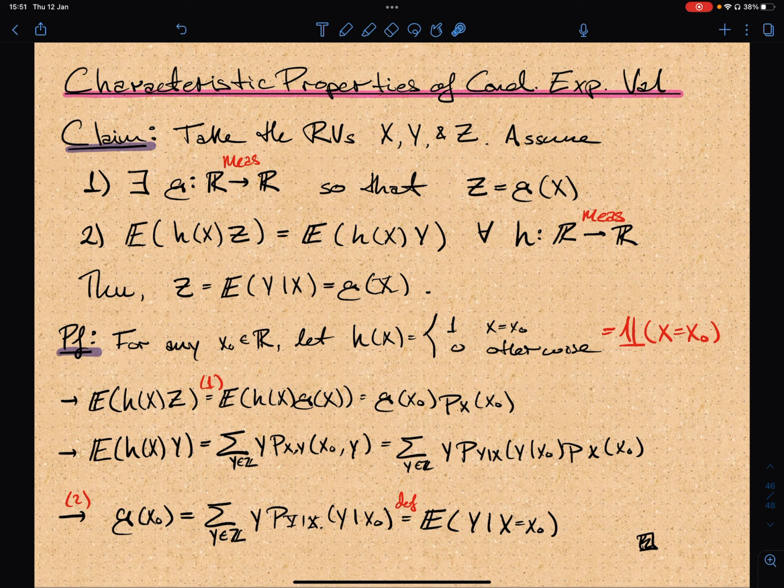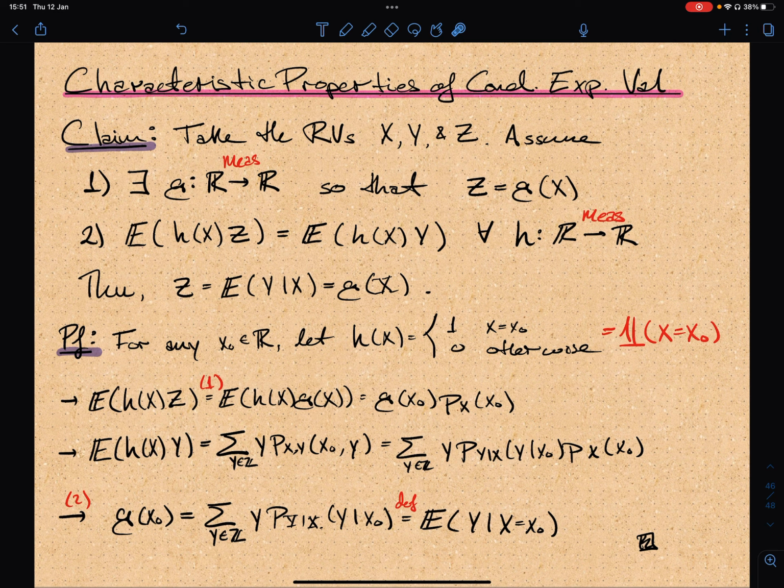So first of all, I start from here. I have this expected value, and then I use the first property to substitute this. And I have this expected value of h of x times g of x.